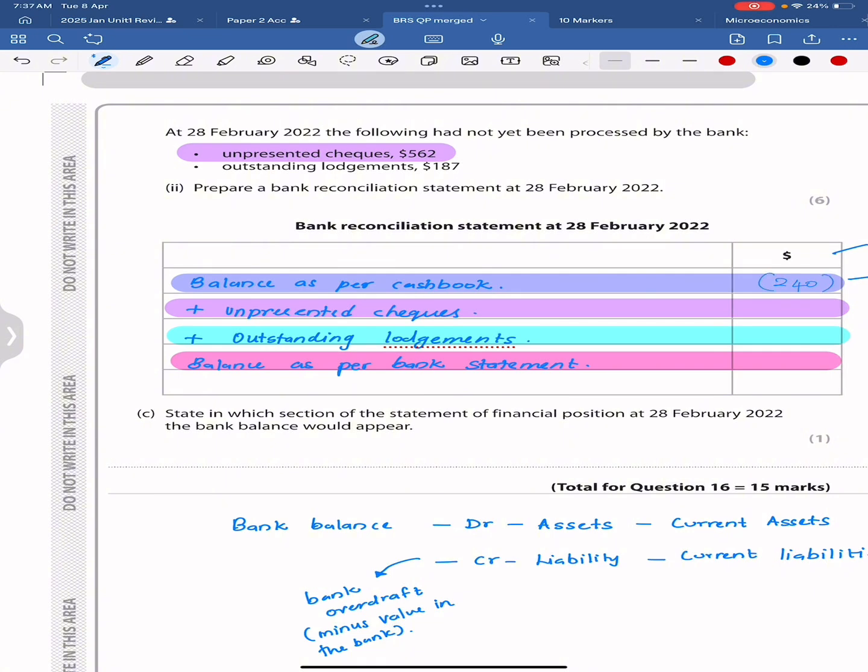We have transferred the balance as per cash book 240, which was on the credit side, therefore we write it within brackets. Unpresented checks worth 562.